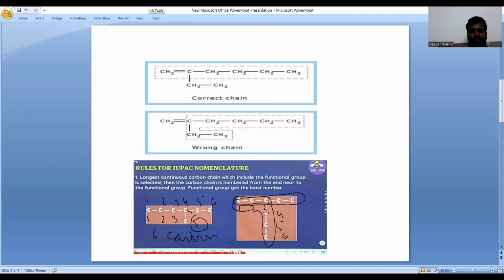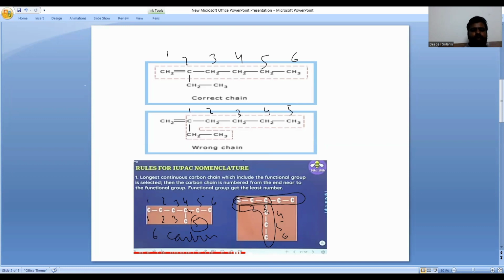In the example upstairs, there are 2 chains given.